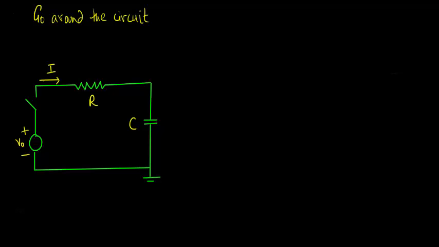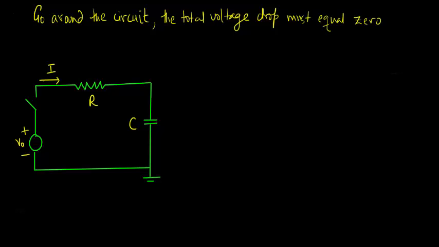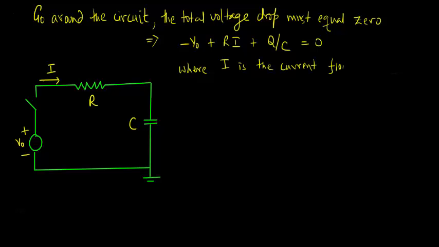So now if you go around the circuit, the total voltage drop must equal 0, which gives us minus V naught plus Ri plus Q divided by C is equal to 0, where I is the current flowing through the resistor.